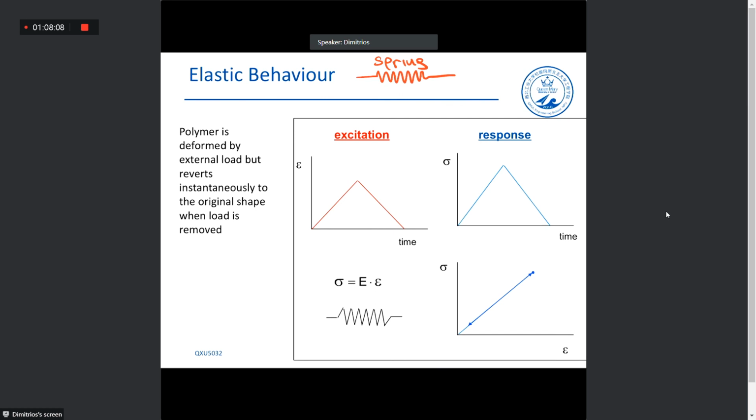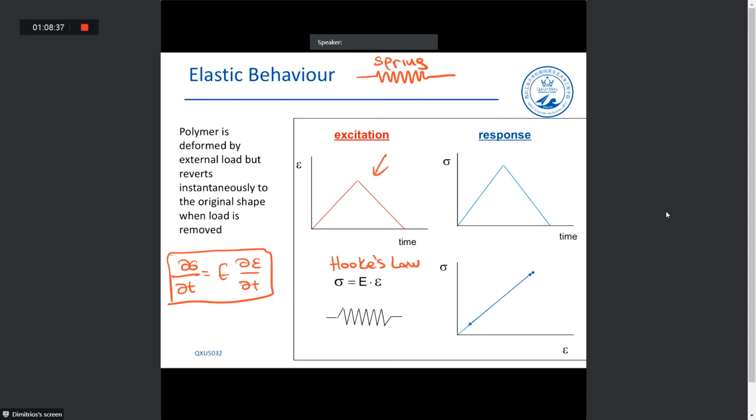And that is essentially represented by Hooke's law, where if we differentiate Hooke's law as well as a function of time, this is the excitation, and the response is identical in terms of stress.